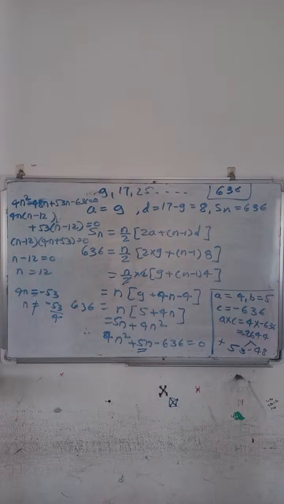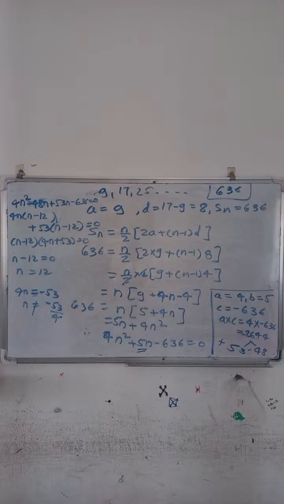Write down the next one. If the sum of the first 14 terms of an AP is 1050 and its first term is 10, find its 28th term.